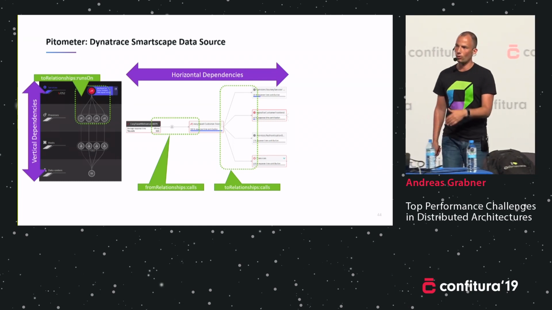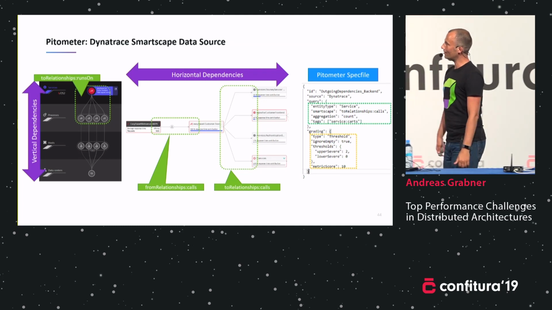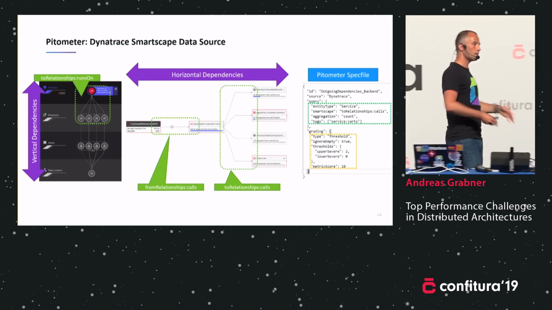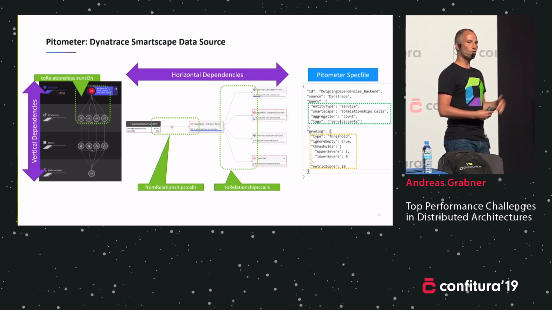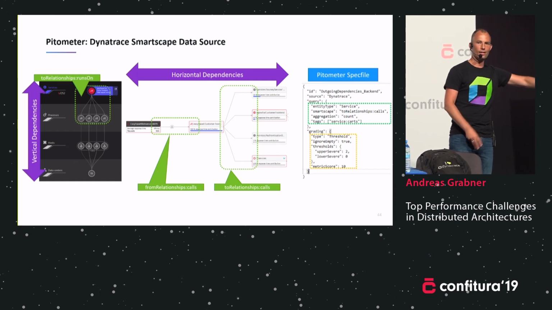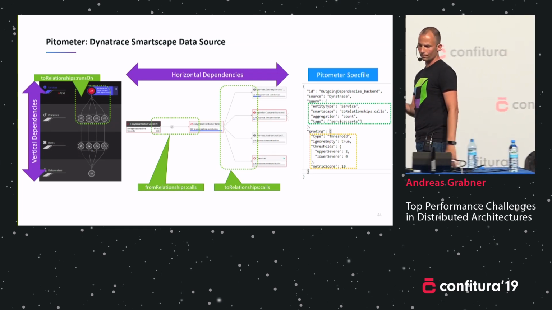So all the things I told you about earlier can now also be specified in the Bitometer file, where I, for instance, say, my service, when I'm testing it with load later on, my service should only talk to 2 other backend services, this database and the other service. If a new regression, if a new dependency comes in, I immediately want to be notified.